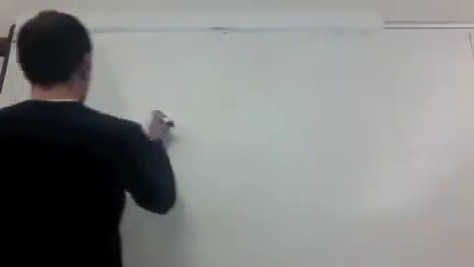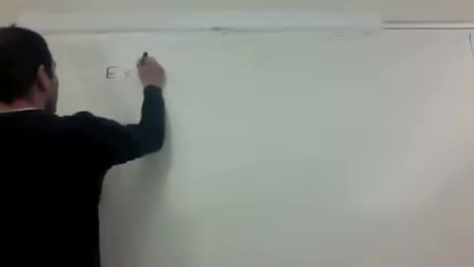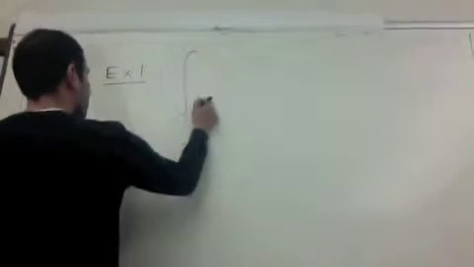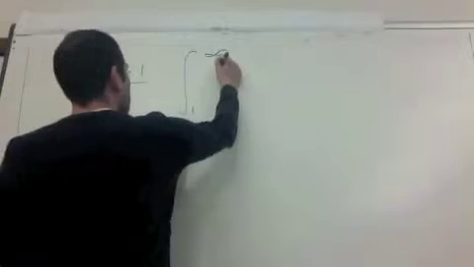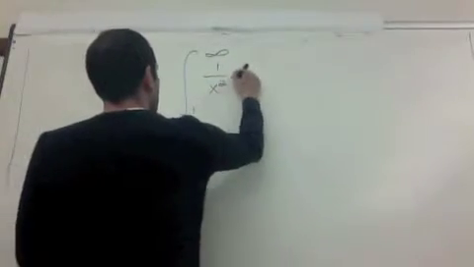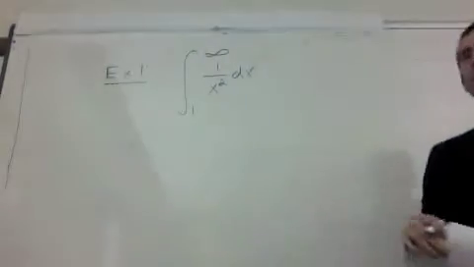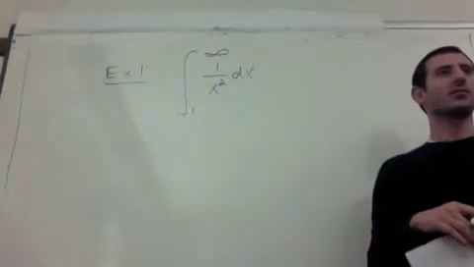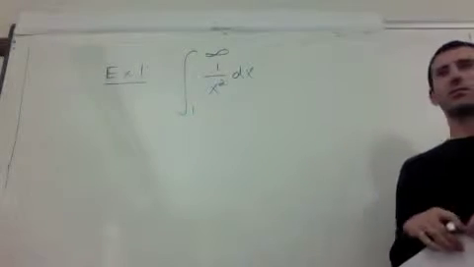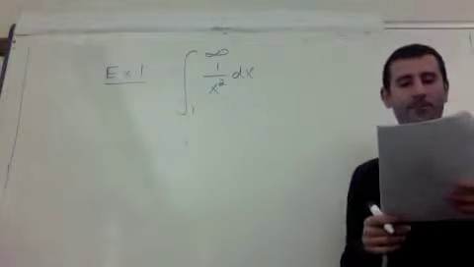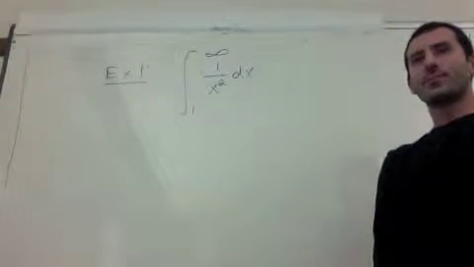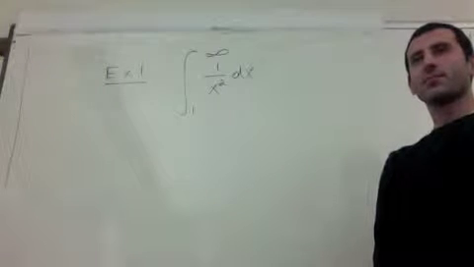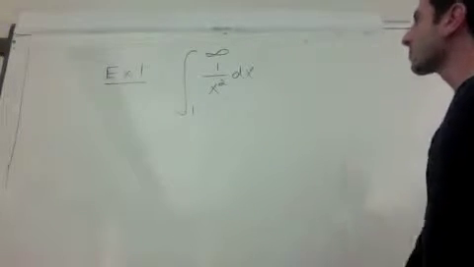First one. Check the notation. Can someone interpret what that means? It's the area under the graph of 1 over x squared, x equals 1 to infinity.